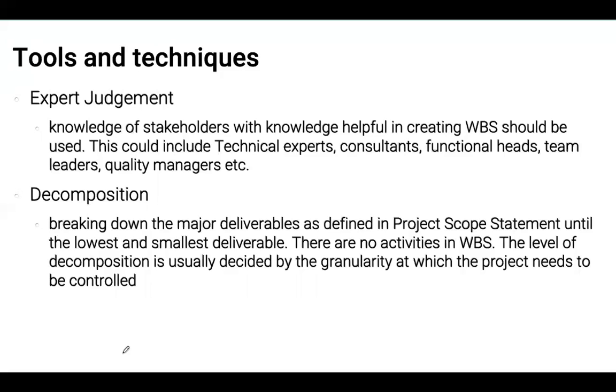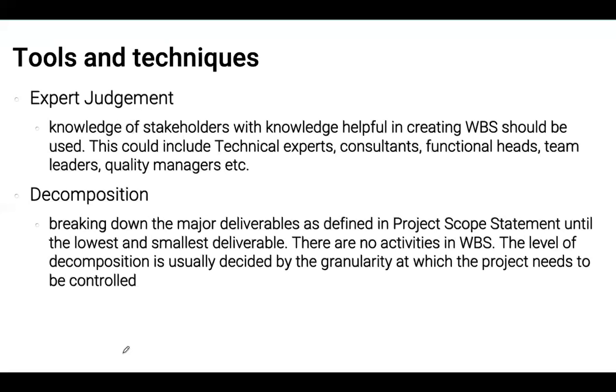The decomposition means that we're going to break down the major deliverables until the lowest and smallest are available. So deliverables again, no activities. And the level of decomposition is usually decided by the level of granularity at which the project needs to be controlled, which means that if the project needs to be controlled very tightly, then deliverables that might be delivered by a single engineer might be defined at the work breakdown structure level.